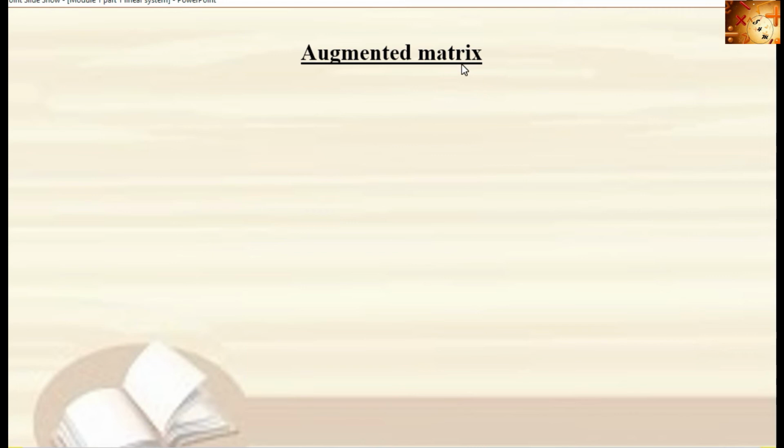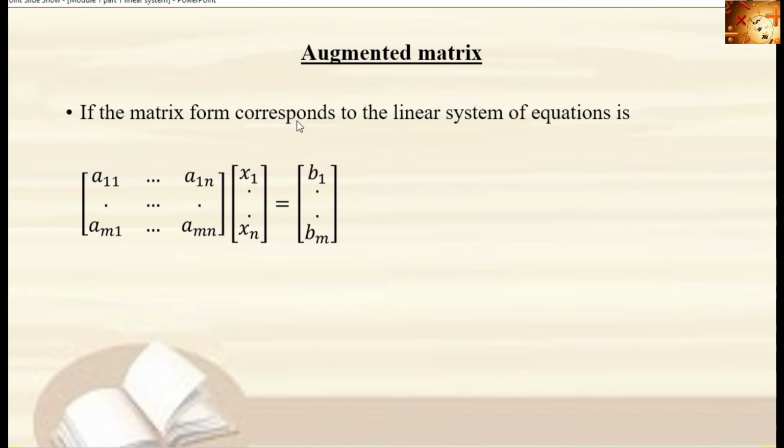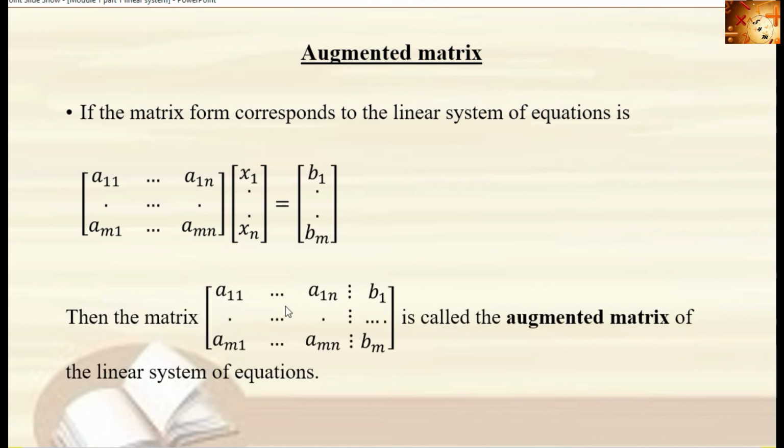Next, augmented matrix. What is an augmented matrix? If the matrix form corresponding to the linear system of equations is this one, that is a11, etc. a1n, am1, etc. amn, then x1, x2, etc. xn, equal to b1, b2, etc. bm, that is AX equal to B, then the matrix a11, etc. a1n, b1, a21, a22, etc. a2n, b2, etc. am1, am2, etc. amn, bm is called the augmented matrix of the linear system of equations.